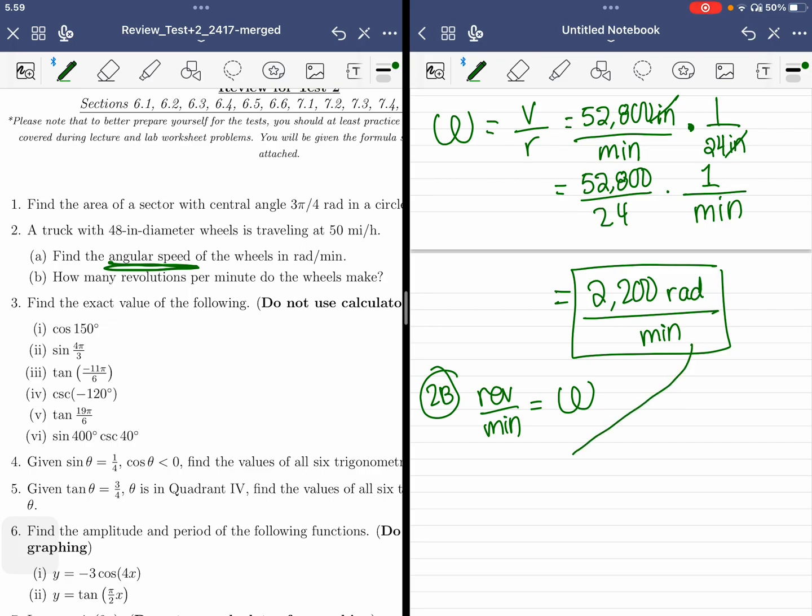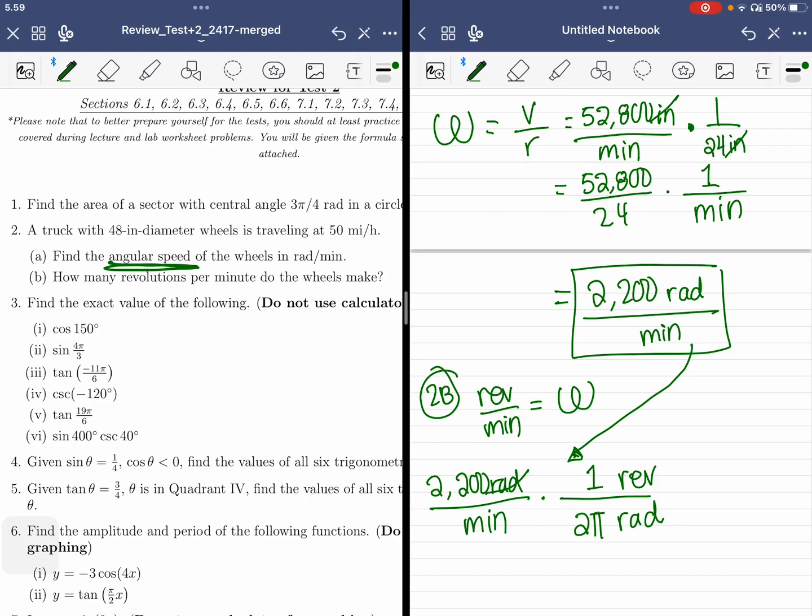So what you need to do is to change the unit of that into revolutions per minute. So we have radians here to cancel out, and we need to know how many radians in one revolution. One revolution means we just go the full circle, right? So which is 2 pi radians.